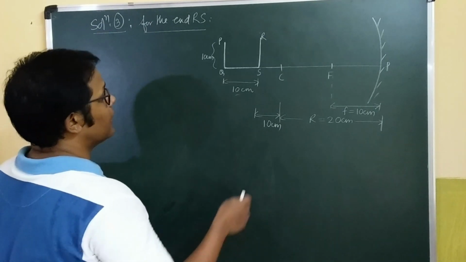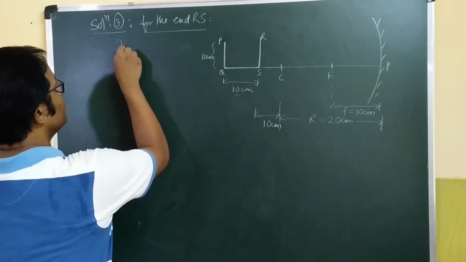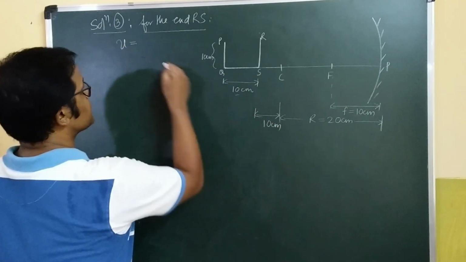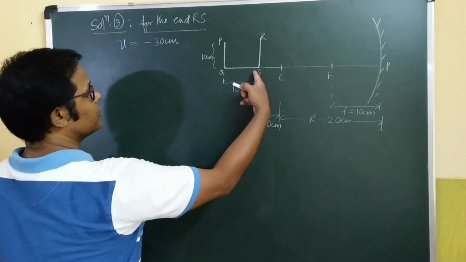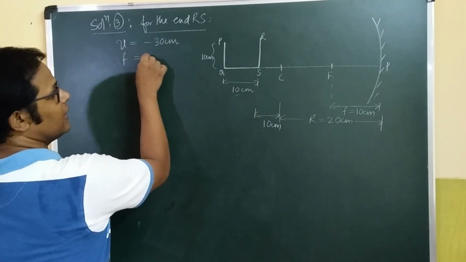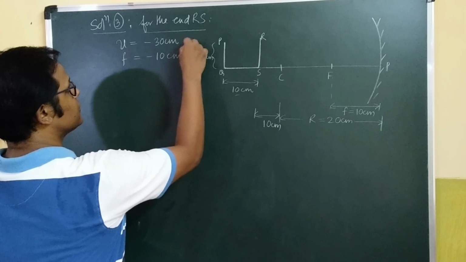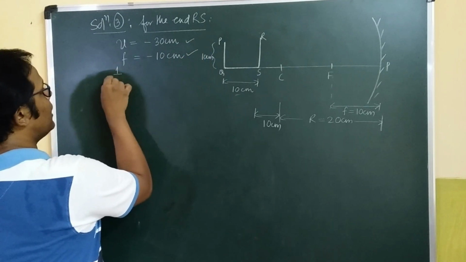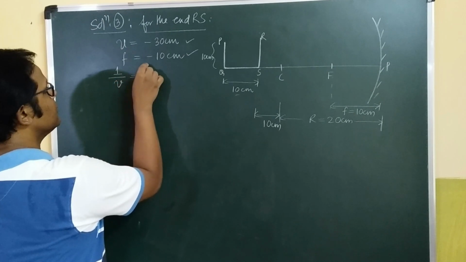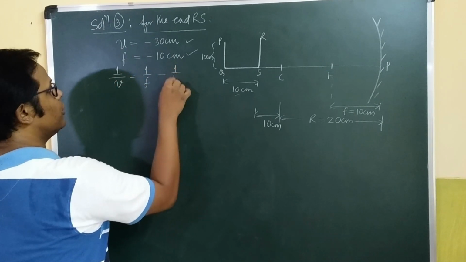For the end RS, I'd like to write u equals minus (20 plus 10), that is minus 30 centimeters. That is the object distance for this end. The focal length is minus 10 centimeters, applying all the correct sign conventions. Let us quickly find out with the help of the mirror formula where the image is going to form.